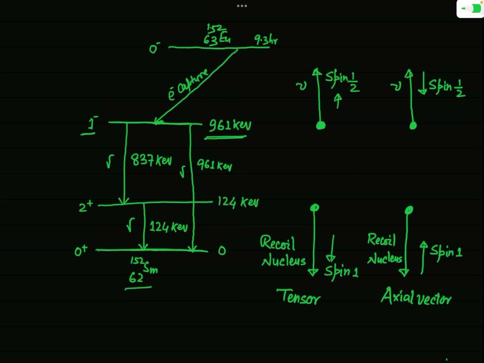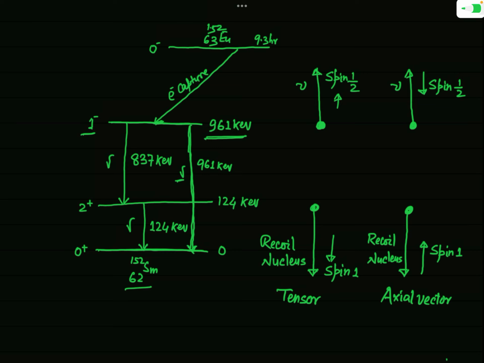And in fact, the latter decays by the emission of a gamma ray photon of 961 kiloelectron volt and goes to the ground state. So you can see I have shown that if this nucleus Sm 152 in its second excited state suffers a gamma decay and goes to its ground state, then a photon, this gamma, will be emitted, and its energy will be what?